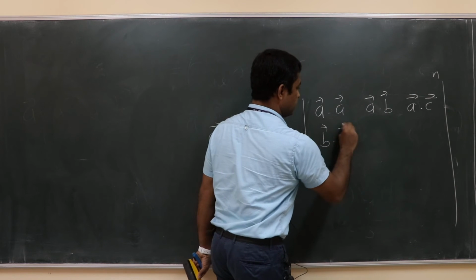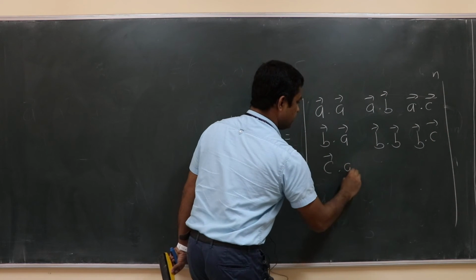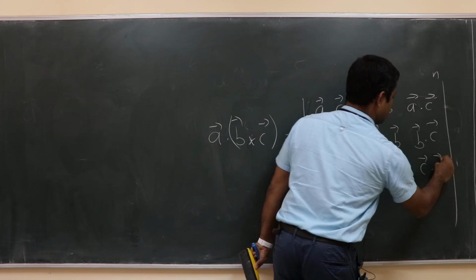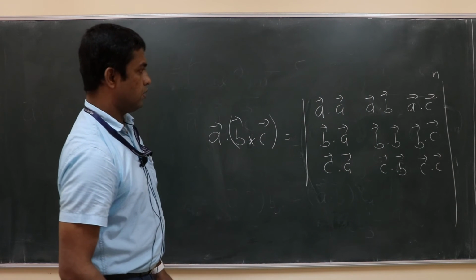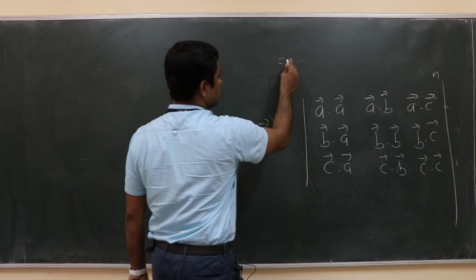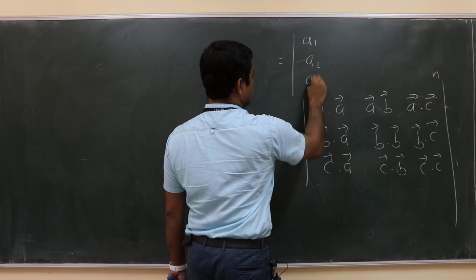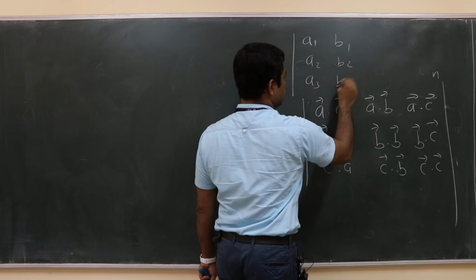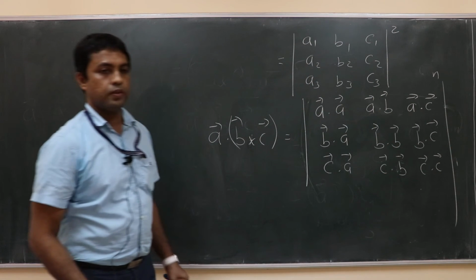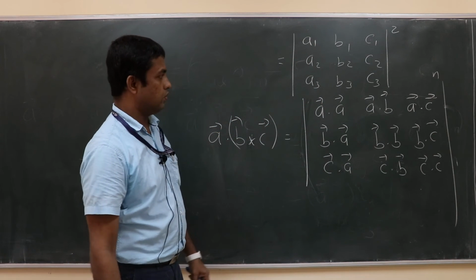B dot A, B dot B, and B dot C, then C dot A, C dot B, and C dot C. So this will be equal to the determinant of A1, A2, A3, B1, B2, B3, C1, C2, C3, squared. So this you can actually verify. This quantity is equal to this.